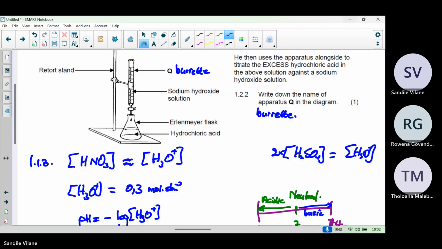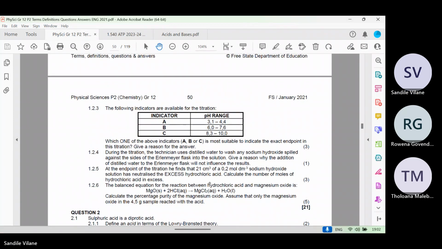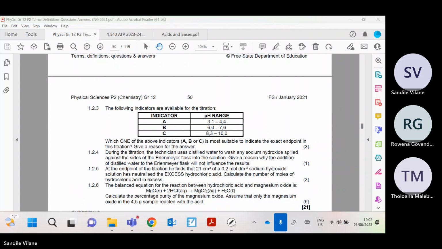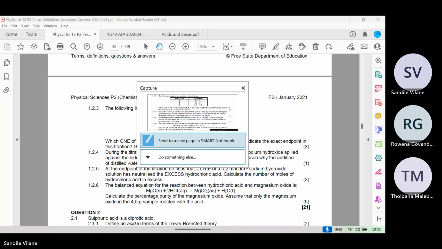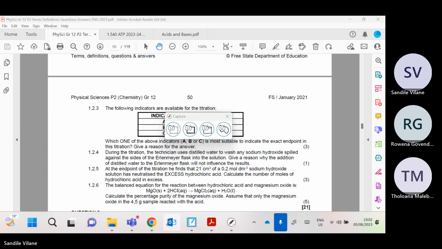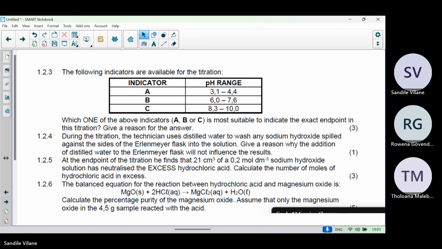Okay. And then the second part of this question deals with this. Your choice of indicator is informed by the salt that will be formed, the hydrolysis of the salt that is formed.